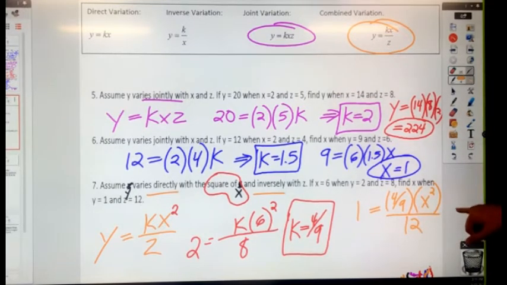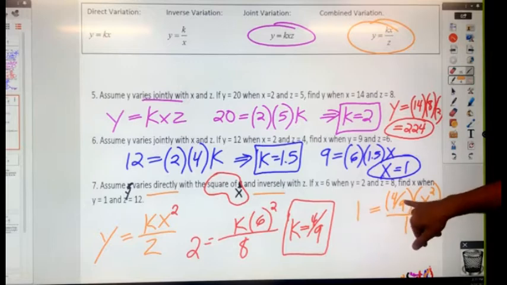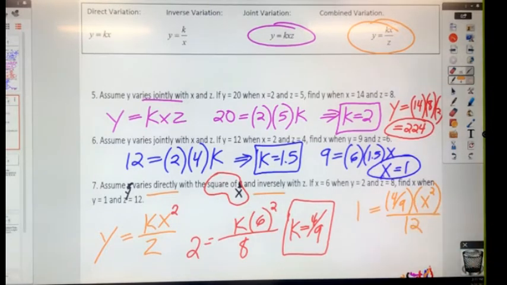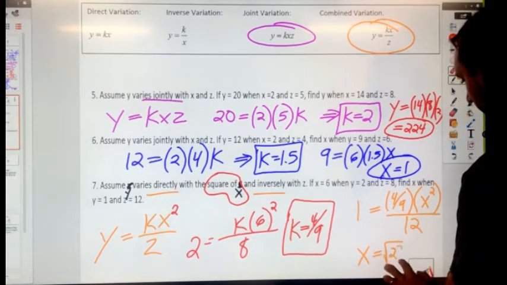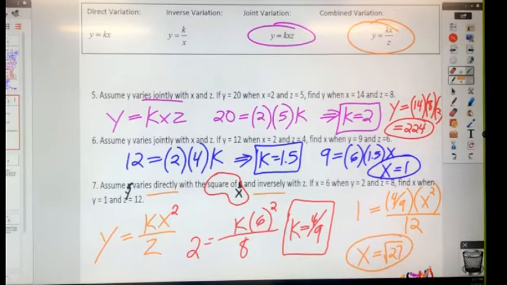Now multiply by 12, which gives me 12 over here. 4 over 9 is being multiplied, so let me divide 12 by 4 over 9. That gives me 27. And last but not least, to solve for x, I need to take the square root of 27, and we'll just leave that as x equals the square root of 27. That's a lot of steps. Well, yeah, a combination has a lot of variables in it.